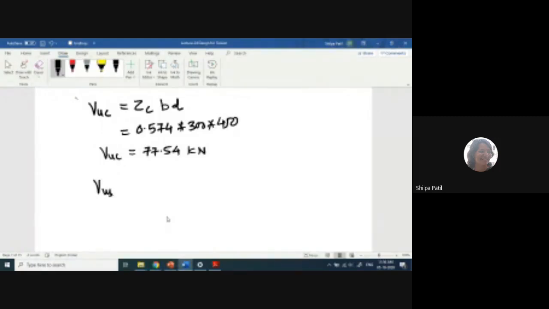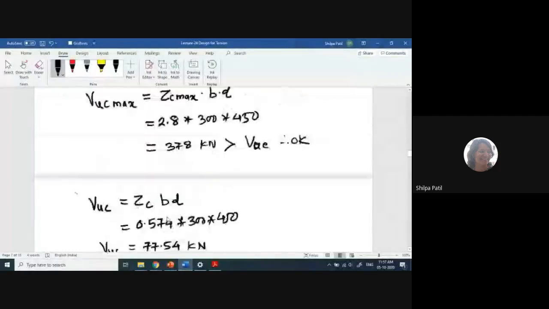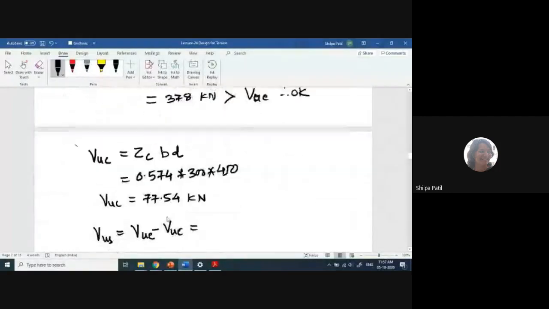Calculation of VUS, which is equal to VU minus VUC, right? So VU is nothing but our VUE value, the equivalent shear force. So the value of equivalent shear force is 283.33.